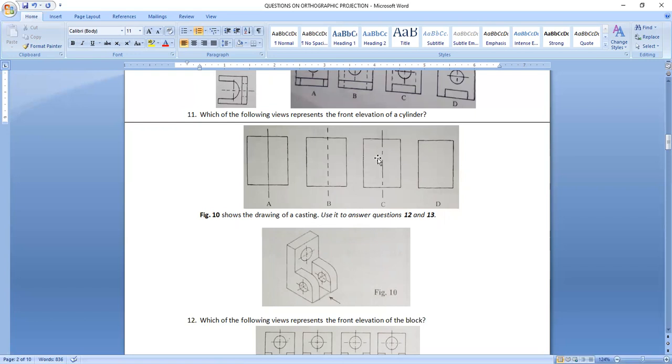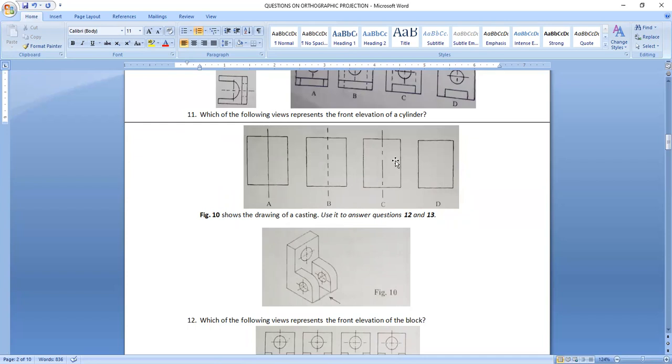Whenever you are to draw the front elevation of a cylinder, if you draw it like this, you are completely wrong, because this is just a rectangle. This does not tell us that the front view of that object is for a cylinder. So this is wrong, and this is also wrong. This is not correct, because the line put here is just a short dashes line, not a center line. And this line is just a normal thick line.